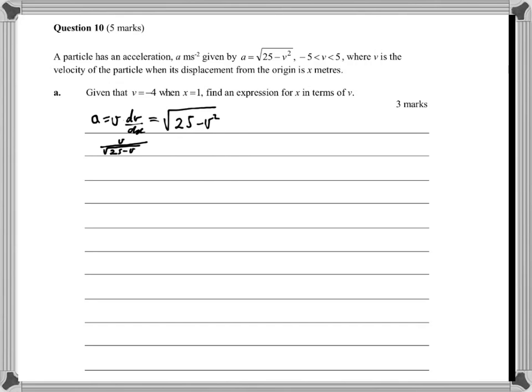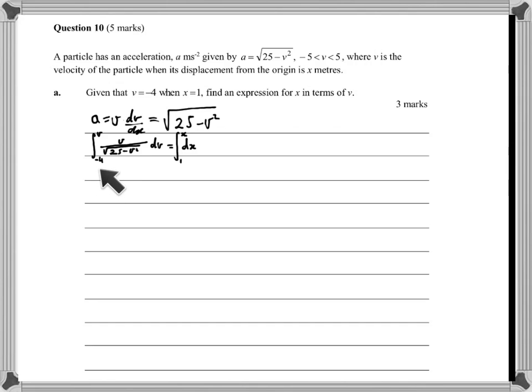Let's separate the variables, put all the v parts and dv all together on the left, and bring the dx on the right. Then we integrate. And an efficient way of integrating that's going to make use of the initial conditions as well, and this little method helps you to skip introducing your integration constant plus c.